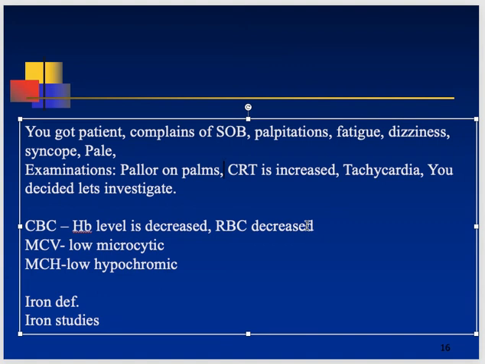For example, in vitamin B12 deficiency anemia, maybe you will find some neurological problem. In iron deficiency anemia, maybe you will find the typical features like nail changes, spooning of the nails, glossitis, the inflammation of the tongue, and cheilitis, the inflammation of the sides of the mouth.